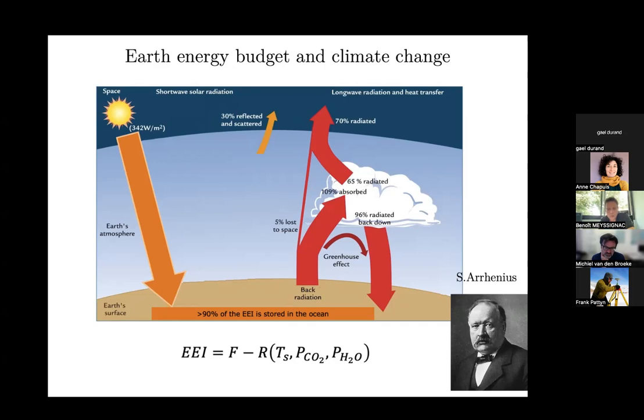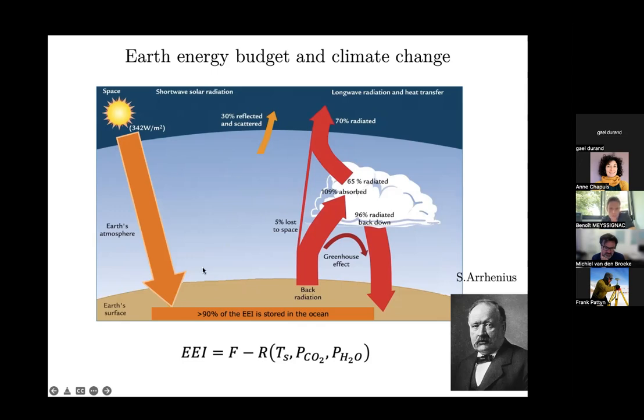He showed that also because of coal burning and the increase of CO2 in the atmosphere, the radiative response of the Earth in infrared is actually decreased at the top of the atmosphere. And this leads to an imbalance at the top of the atmosphere because the Earth emits less energy towards space than it receives from the sun. And so it starts to store energy.